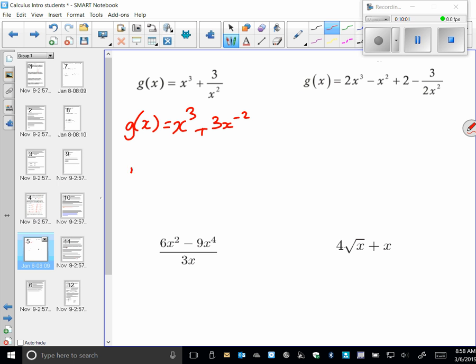So now I would write g dash x, and I follow my rule. Emily, what's the first term? 3x squared. So part 2, good. And the next one, Lily?